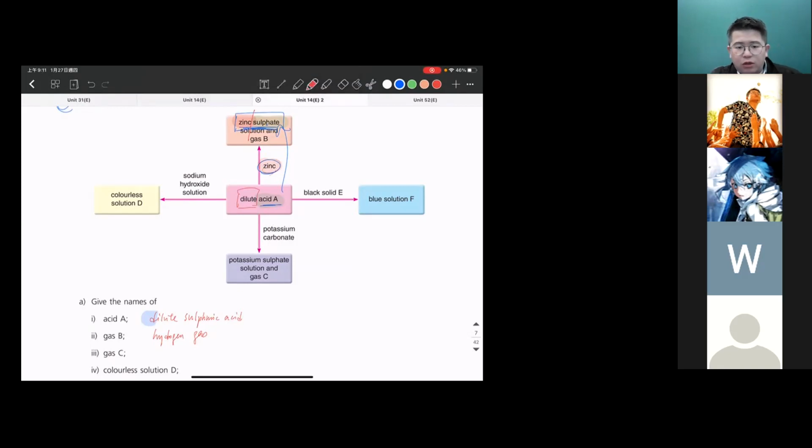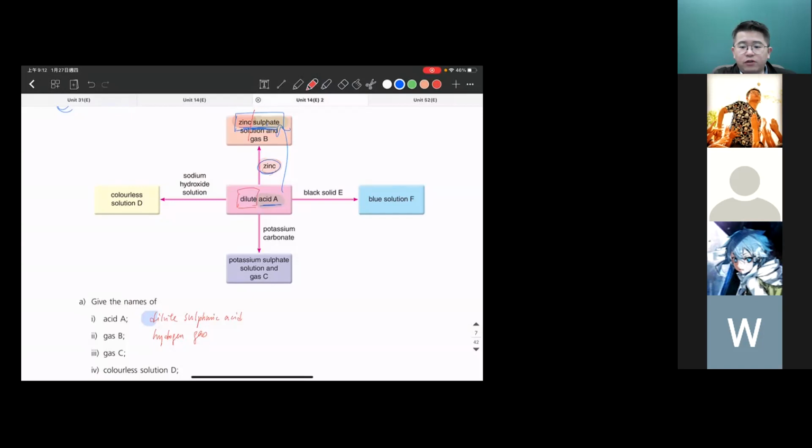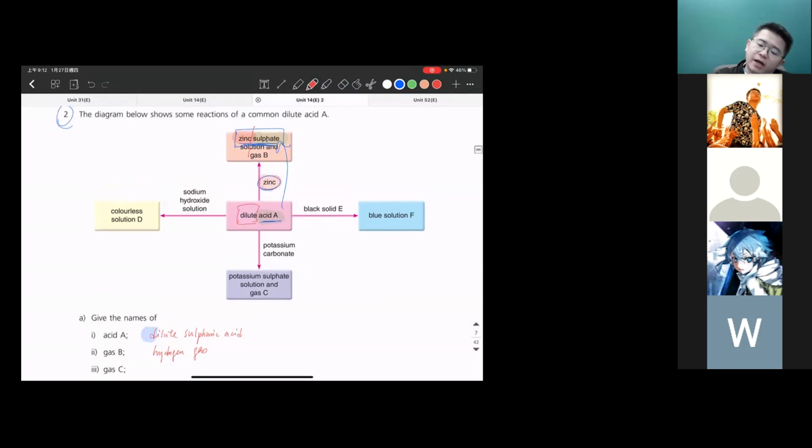Does anyone know? If I change the acid from dilute sulfuric acid to concentrated acid, I do the same action on metal, right? So what will be the gas formed? It's not hydrogen. Sulfur dioxide. Yes, sulfur dioxide. So this is what we call concentrated sulfuric acid.